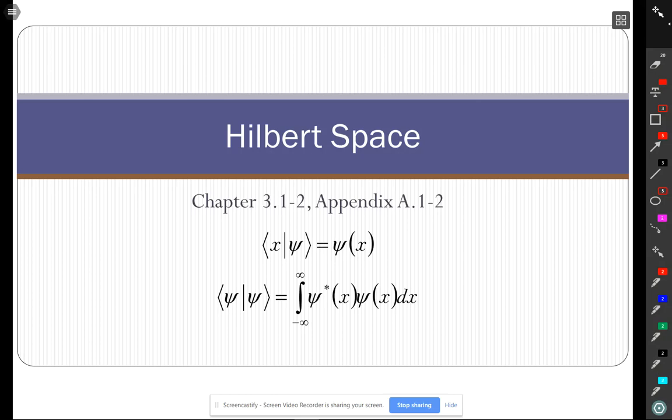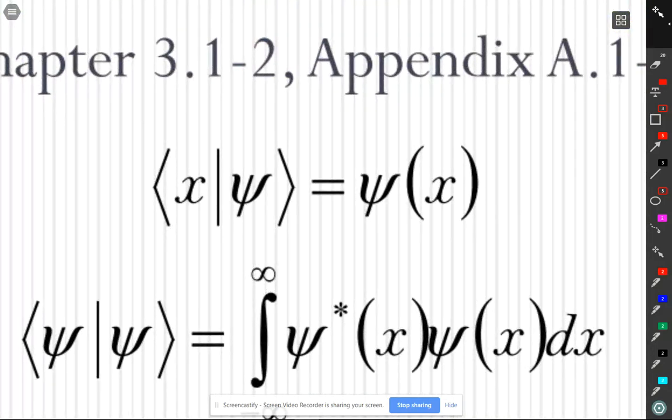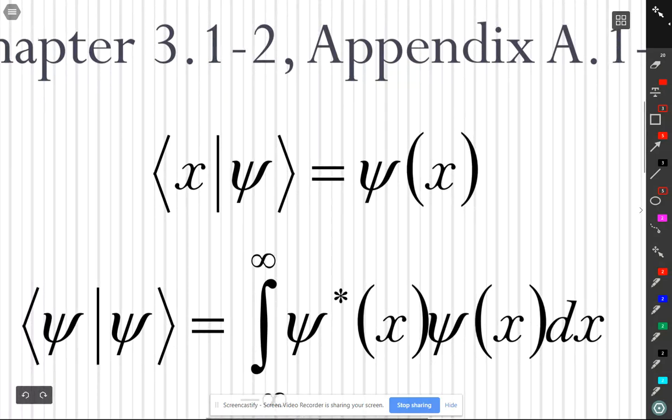The first thing we want to do is make sure we understand what things mean. So start off with this here. I've already talked about the Bra-ket or Dirac notation, but this here is what we've been saying, that's our wave function, psi of x.